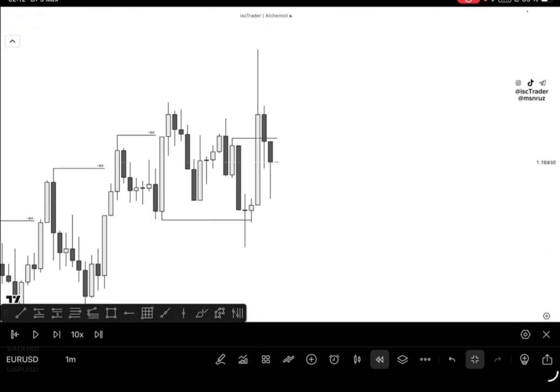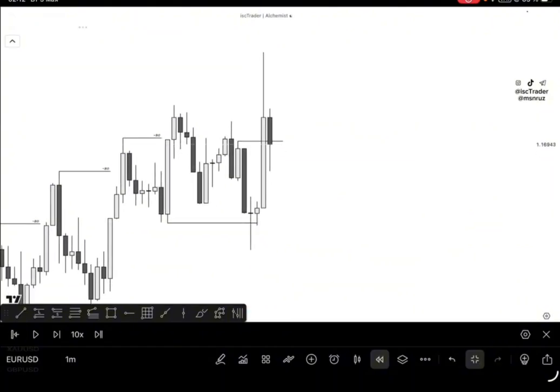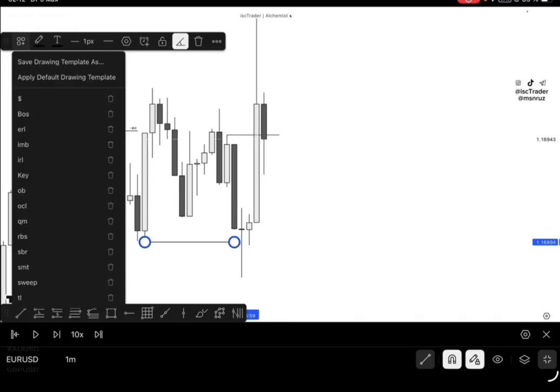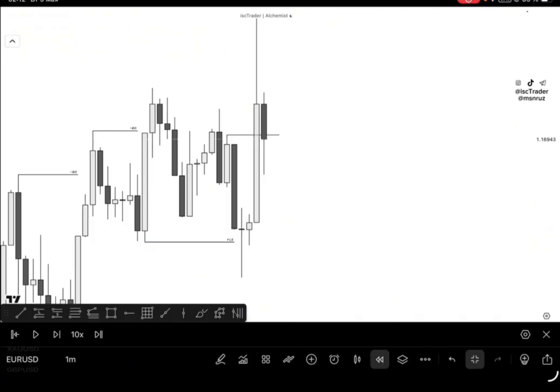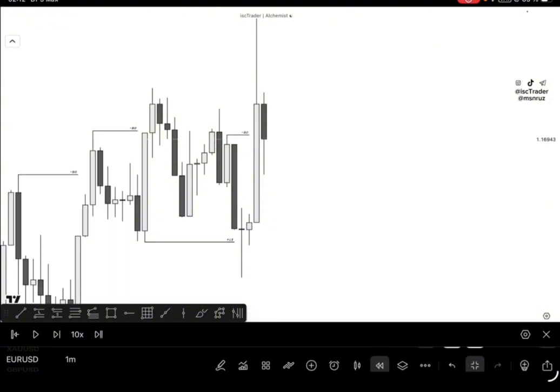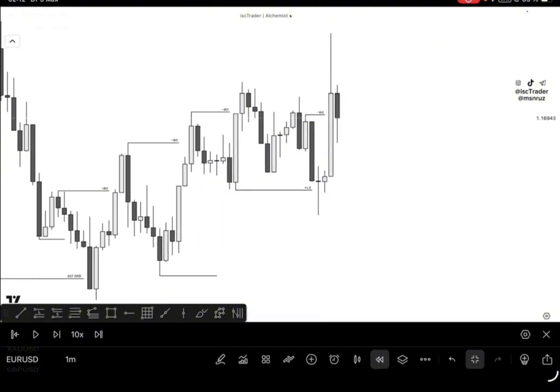Okay. Inducement sweep. And breakout. So now the market has given us confirmation. We can enter the trade.